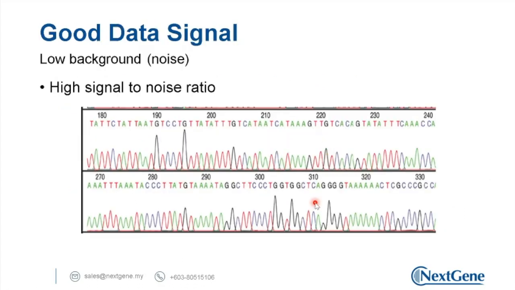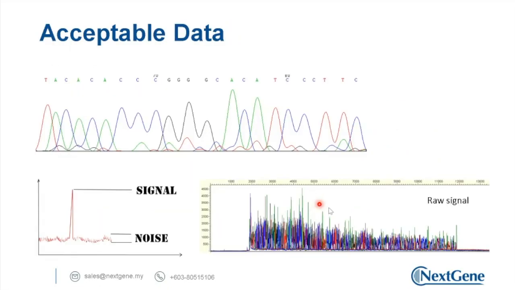However, if our signal peak is very low, very close to the noise, then you will generate this kind of data, where the real signal is hardly differentiated from the noise, and the noise will still be present.